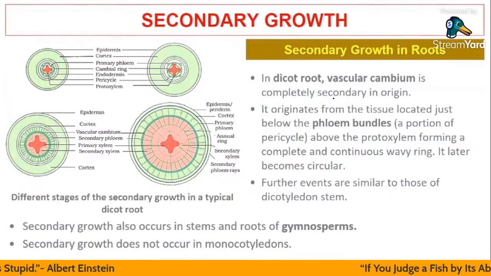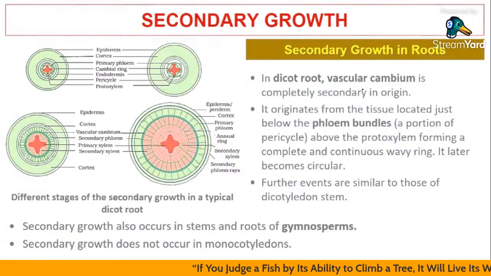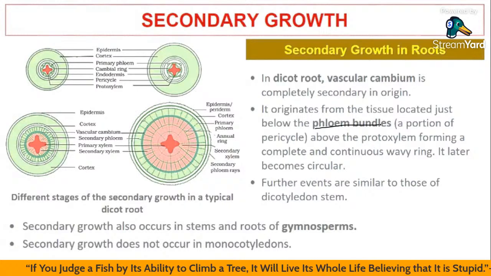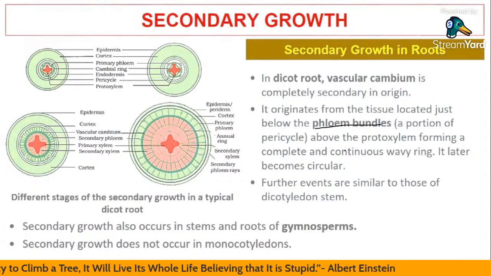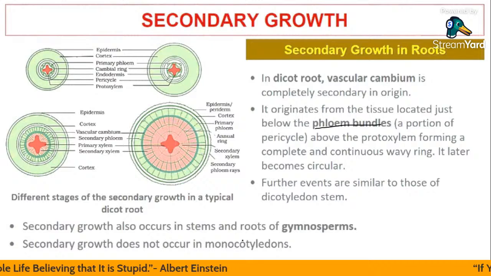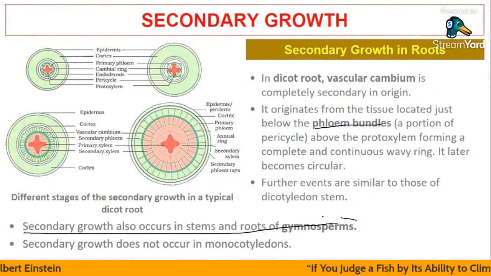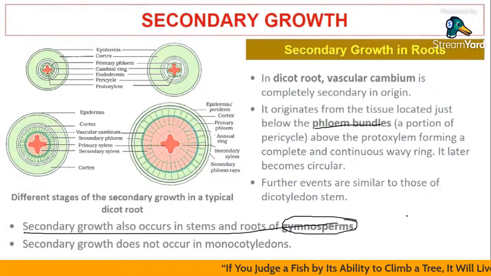Secondary growth in roots. In dicot root, vascular cambium is completely secondary in origin. It originates from the tissue just below the phloem bundles and above the protoxylem, forming a wavy ring. It becomes circular. No question is going to come from this area, only a small portion can come. Secondary growth also occurs in the stem and roots of gymnosperms. So which are the two plants where you will find secondary growth?